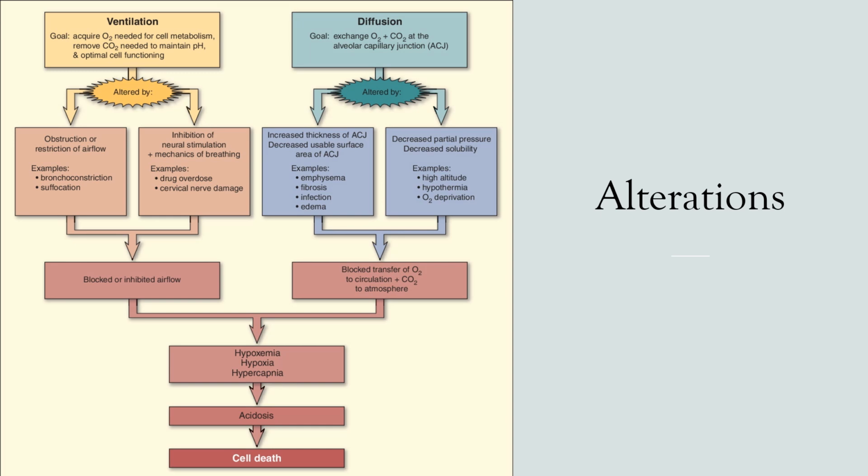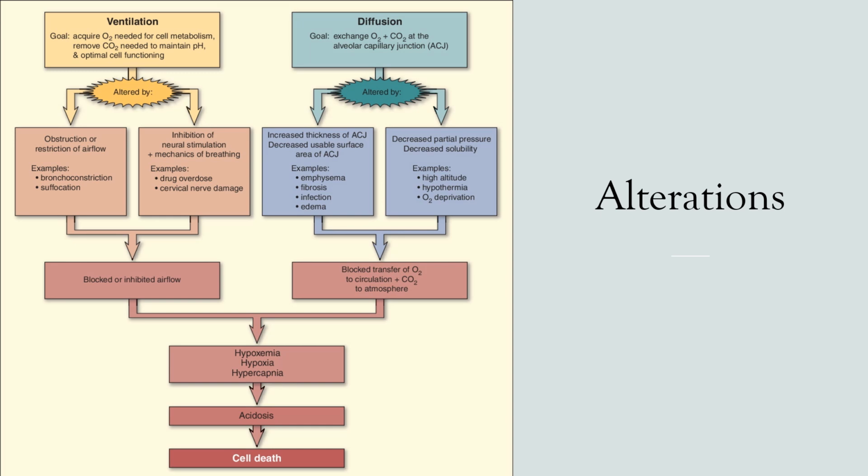You can also have problems with the mechanics of breathing. Examples of that would be a drug overdose, or you could have nerve damage, like in a cervical spine injury. Okay, and so you can see how that would block airflow and lead to hypoxemia, hypoxia, and hypercapnia.